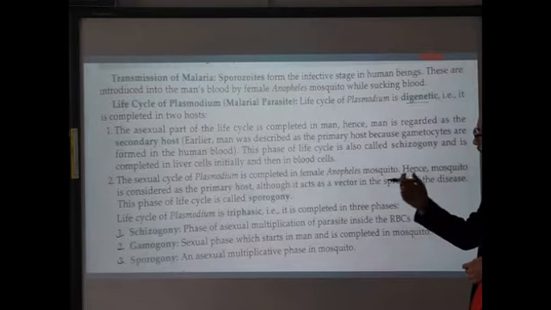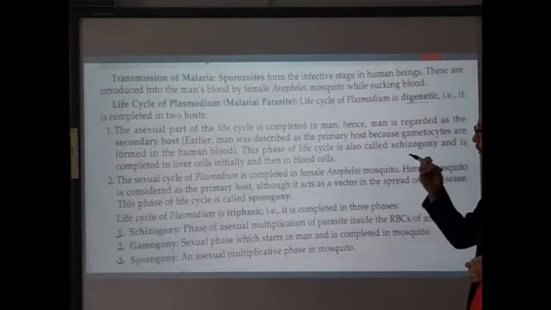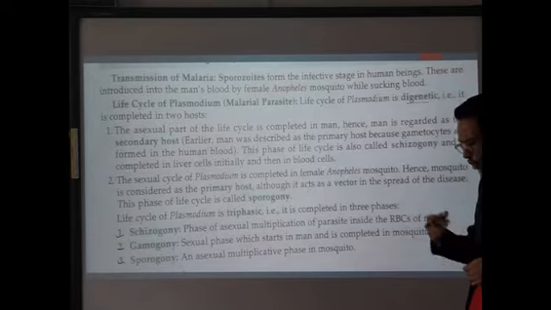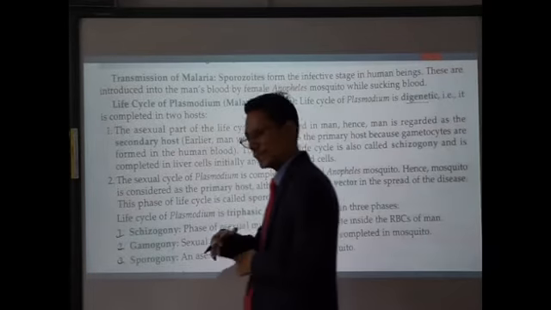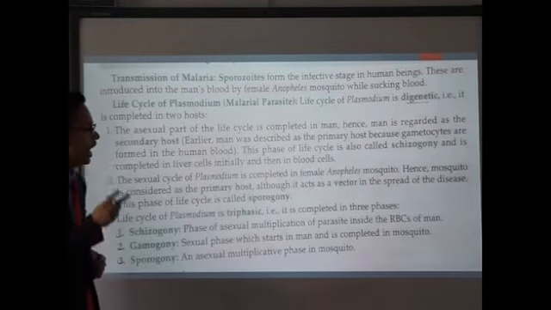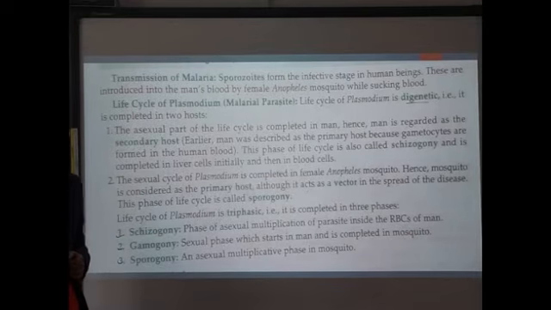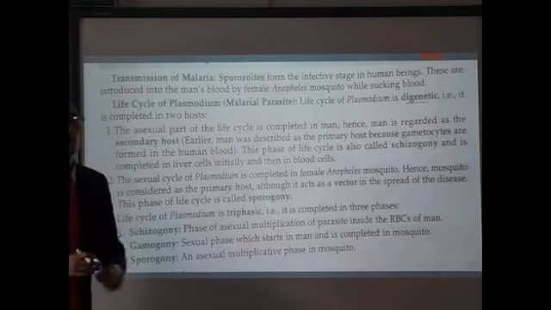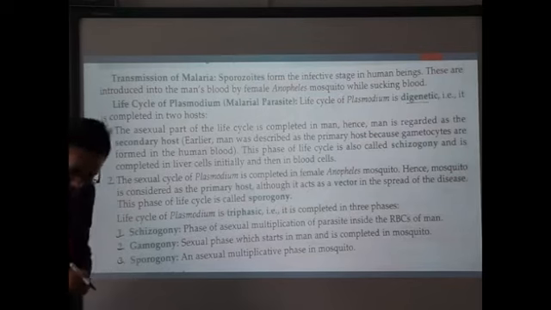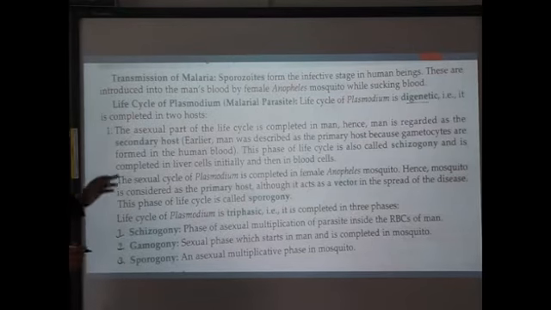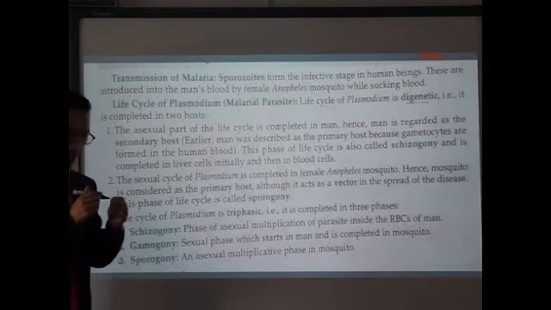Then the next one is the female Anopheles mosquito. So human being and the mosquito are the two hosts of Plasmodium. That's why the life cycle of Plasmodium is also known as digenetic. Clear this one?